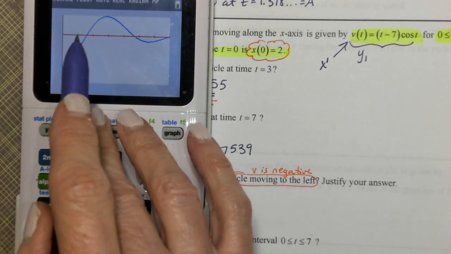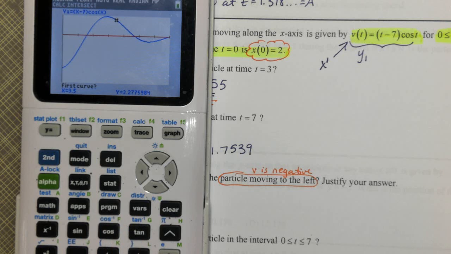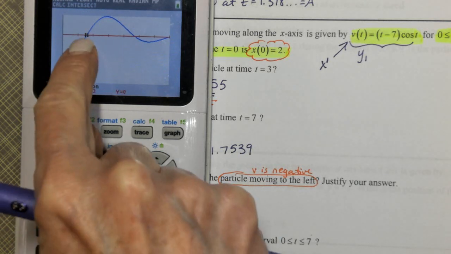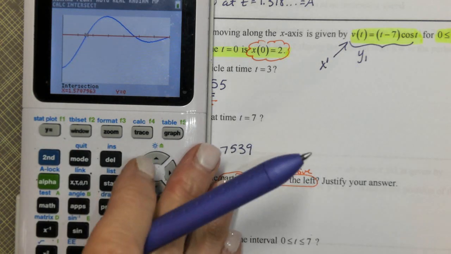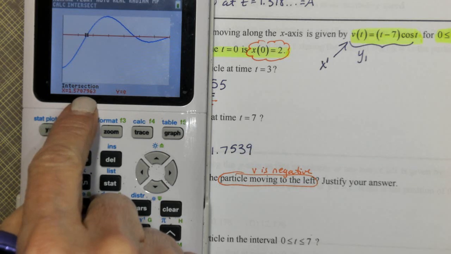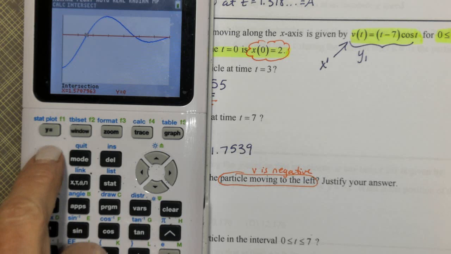So I'm going to find those two values, second calc, intersect, enter, enter, and then I'm going to guess 1 to get over to this one. So from 1.57079, blah, blah, blah, that's an important number, so I'm going to go save that in for A.